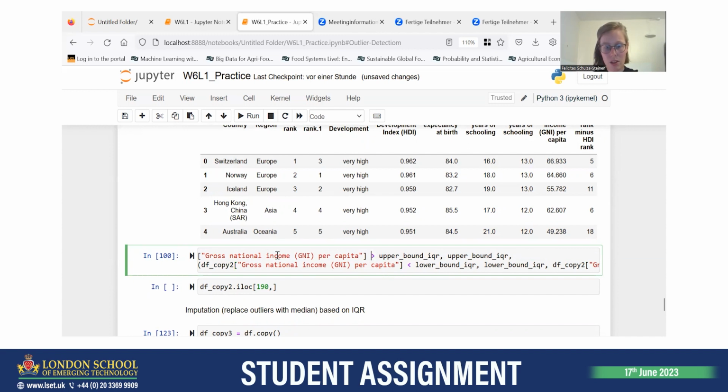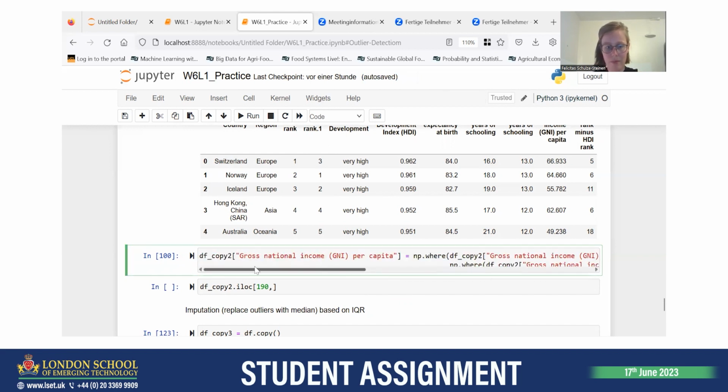And if it's not, then it moves on to the second where statement. Then it filters again if the value is below the lower bound. If it is, it's replaced by the lower bound. And if it's not, so if it's not an outlier basically, then the value is just kept as it is, which is defined here.